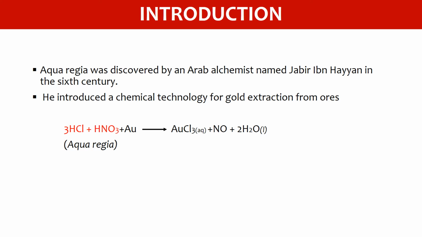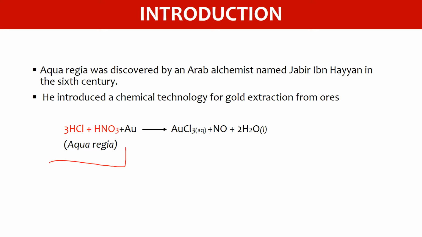Now, before cyanide was introduced, aqua regia was the one that was discovered by a chemistry researcher, Jabir ibn Hayyan, in the 6th century. He is the one who introduced the chemical technology for extraction from gold ores using what is known as aqua regia.